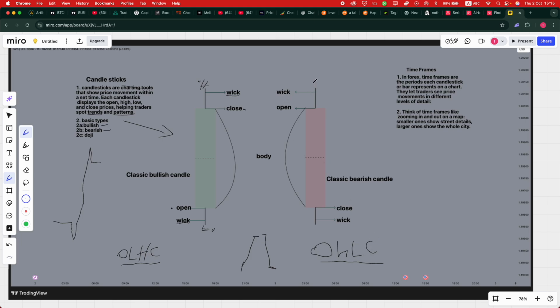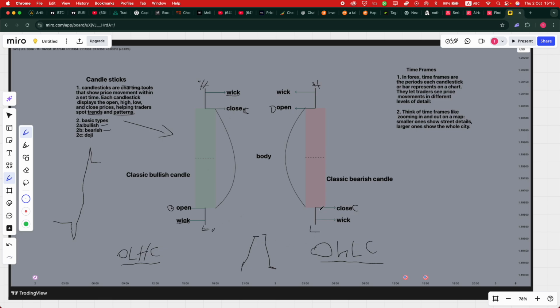Which is this as the high, this as the low, this as the open, this as the close, this as the open, this as the close.